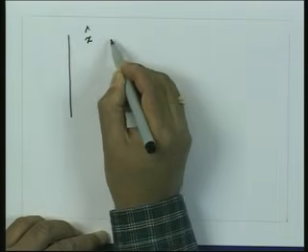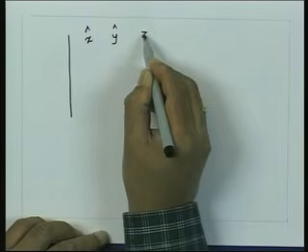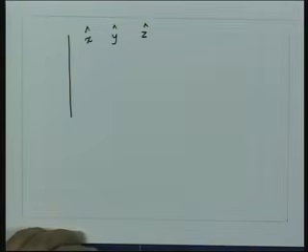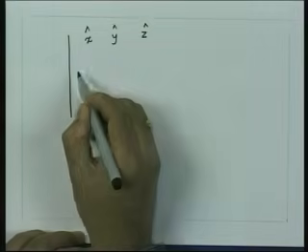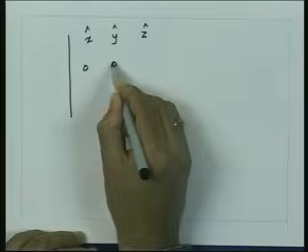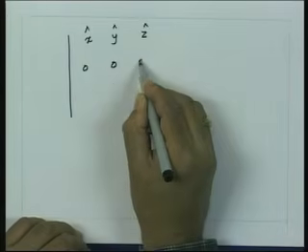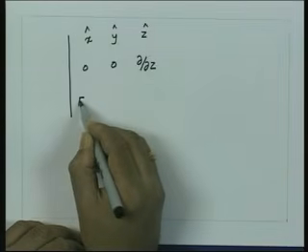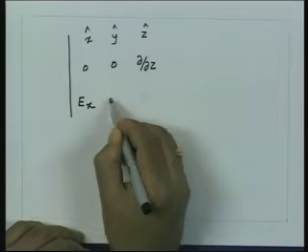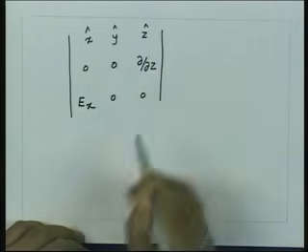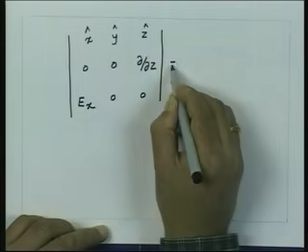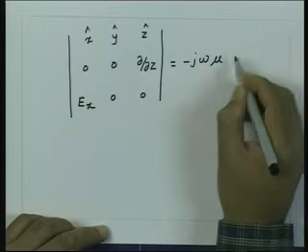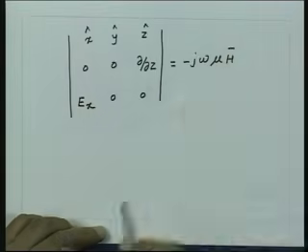Since the electric field is a function of z only, d by dx is 0, d by dy is 0, and we have d by dz, with an x component of the electric field and no y and z component, and that should be equal to minus j omega mu times H.